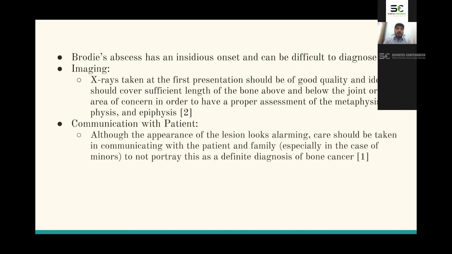Although the appearance of the lesion may look alarming, care should be taken that we're not communicating to the patient or the family that this is a definite diagnosis of bone cancer. You have to stay neutral and be honest that you don't really know what it is, and that we'll know more once the diagnosis is made, once we have the reports and a bit more information, because this would obviously cause more anxiety and panic.